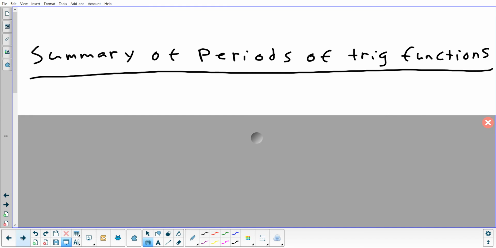So before we do any problems, I'm going to give you a little chart that explains how to find the period of any trig function we're going to do today. Doesn't matter what it is, doesn't matter what power it is. This chart will describe all of it.